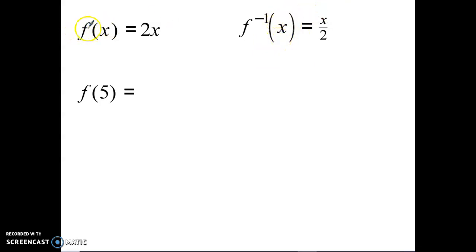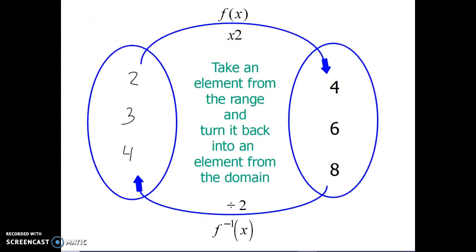The original function takes domain values and turns them into range values. Now the inverse function, its domain, its x values are the range values of the original function. So if I look back over here, these are the range values of my original function f, but they are the domain values of my inverse.